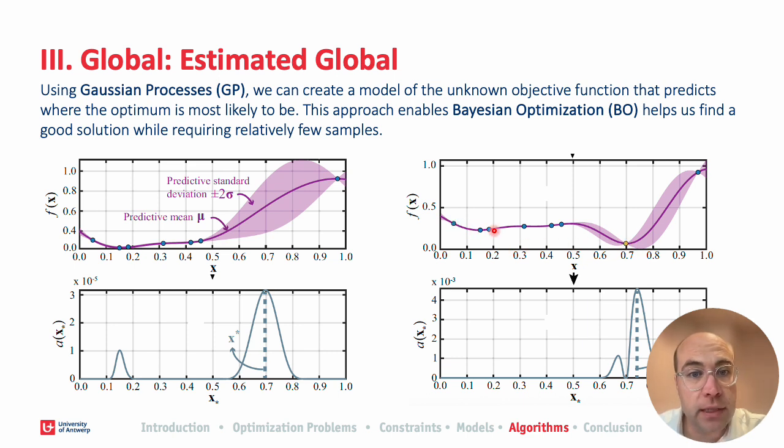So only the points indicated here are actually known because we run a simulation on that. The rest is just a model predicting the mean and the standard deviation. And with this prediction, you can also say this would be the most interesting sample to sample next.